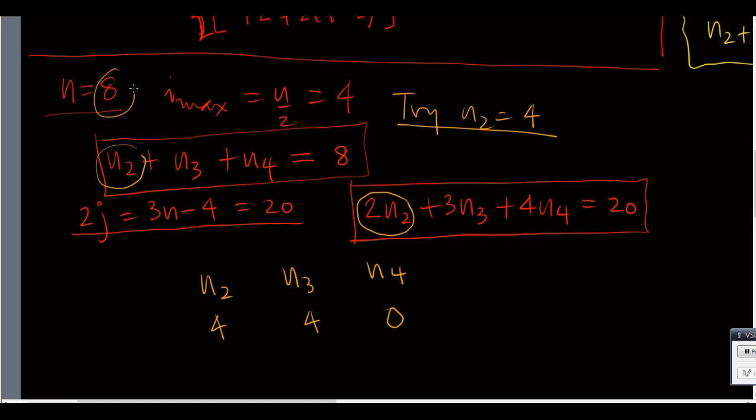Okay. If we try n2 is 5, then we get n3 is 2 and n4 is 1. If we try n2 is 6, then we get n3 is 0 and n4 is 2, and so on. Okay. Can we try 7? I suppose we could try.